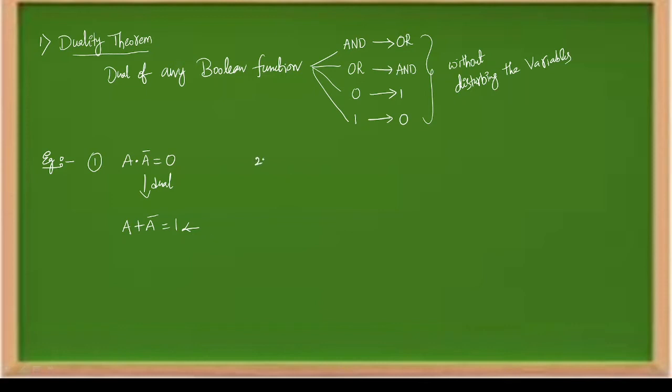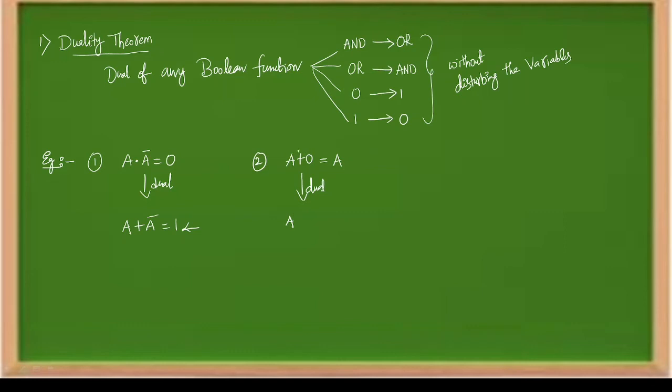Similarly, I have one more postulate which is A plus 0 is equal to A. This is the postulate which we have seen already. Now, if I want to know the dual of that equation, what do I need to do? I need to write the variables as they are, and I need to replace OR with the AND operation.